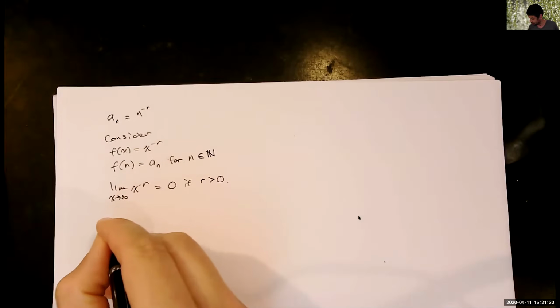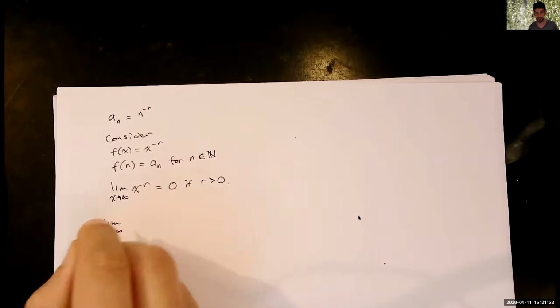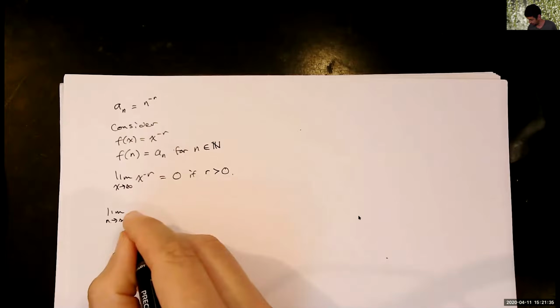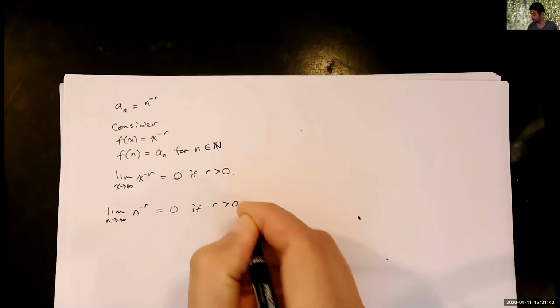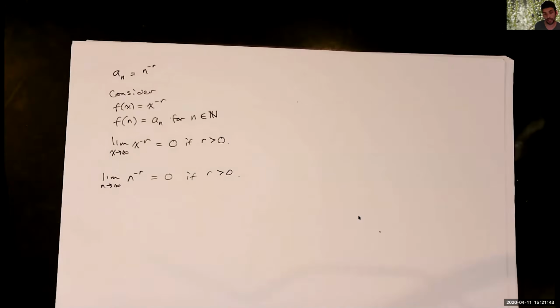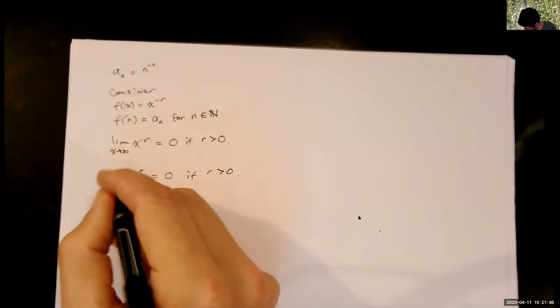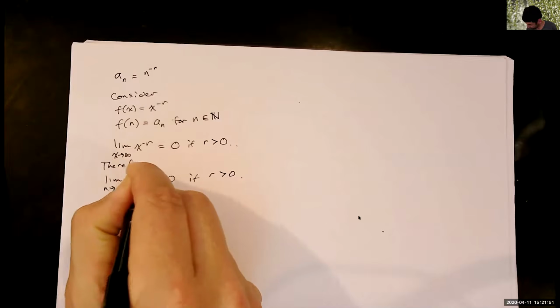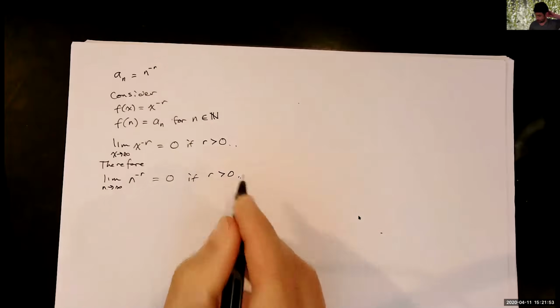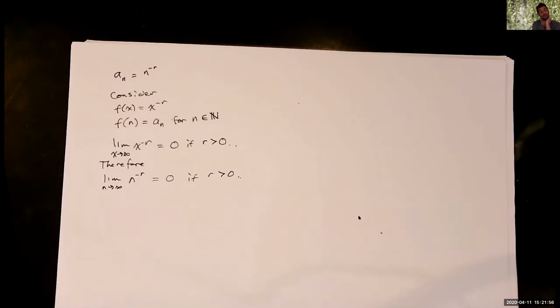So that means the limit as n goes to infinity of n to the negative r is also equal to 0 if r is greater than 0. All right, so that's a quick application. Therefore, that's a quick application of that theorem. And so now we know how to take these kinds of sequences, right? Any sequence that's 1 over n to a power, a positive power, is going to go to 0.